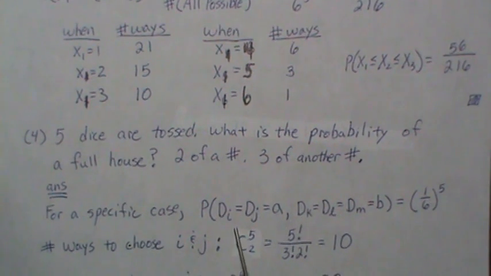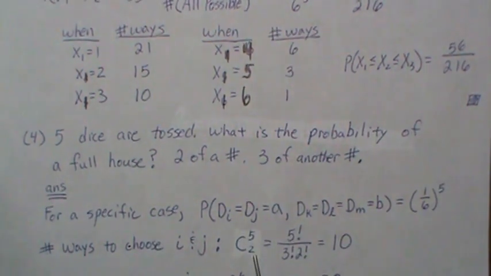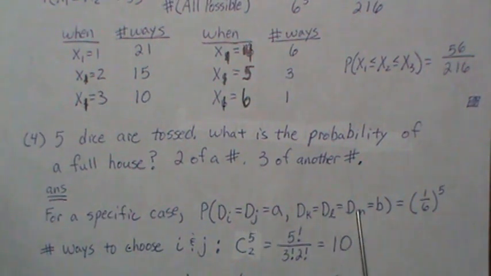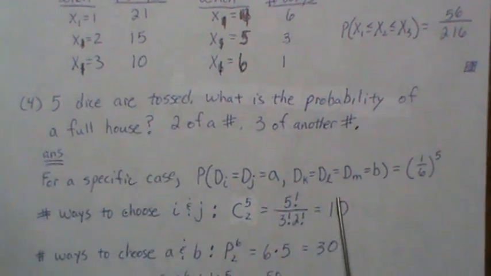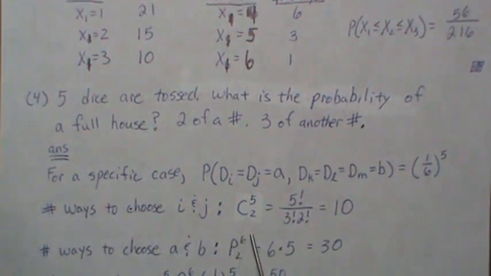So the number of ways to choose 2 dice to be equal is combinations 5 choose 2, which is 10. After we choose 2, then for the other 3, there's only 1 way for them to be equal. They have to all equal. But then how many ways can we choose A and B? The number of ways to choose A and B is permutation 6 choose 2, which is 30.